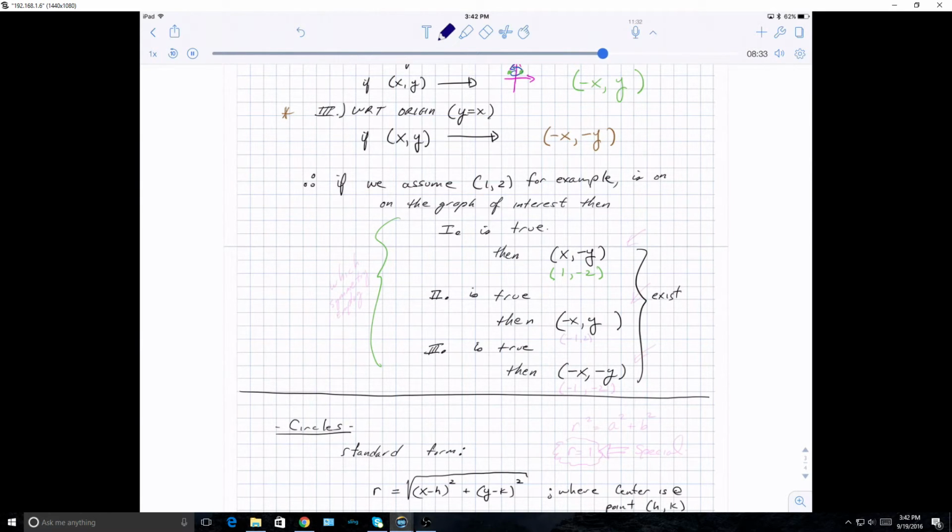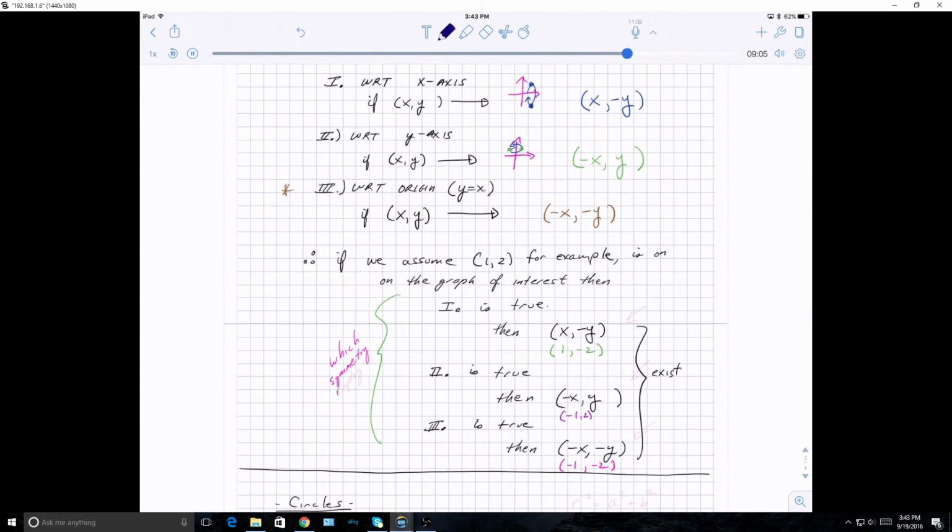If the second case was true, in which case we're reflecting about the y-axis, then we would have negative 1, 2, and if we look at the last one down here, then negative 1, negative 2 would also exist. So you'd have to figure out which symmetry to employ, and once you've figured it out, then you can pick which other point might exist on the graph.